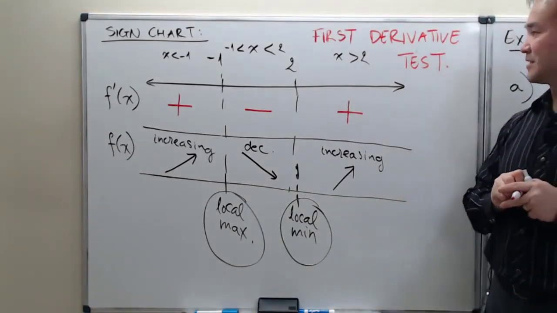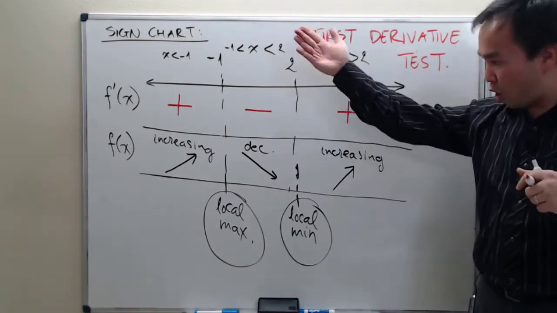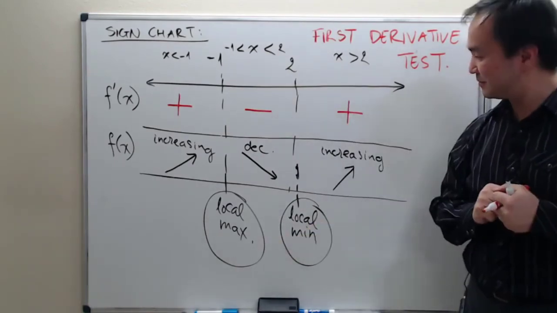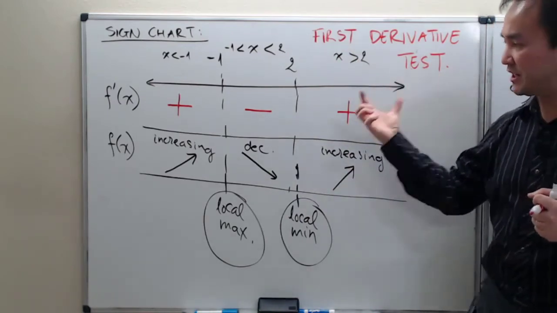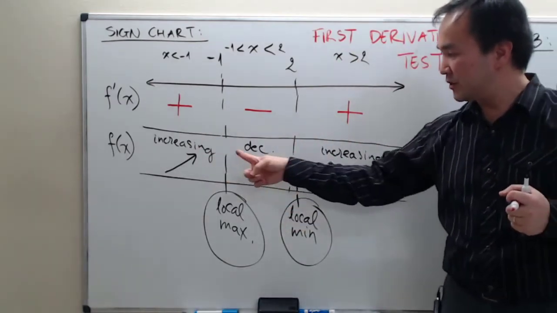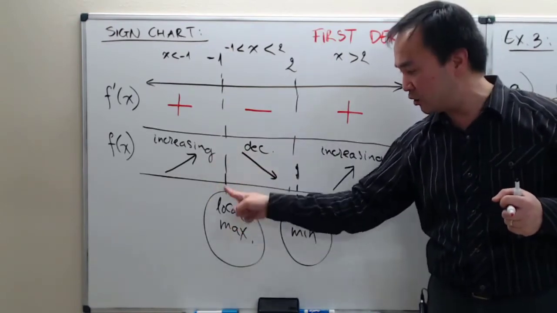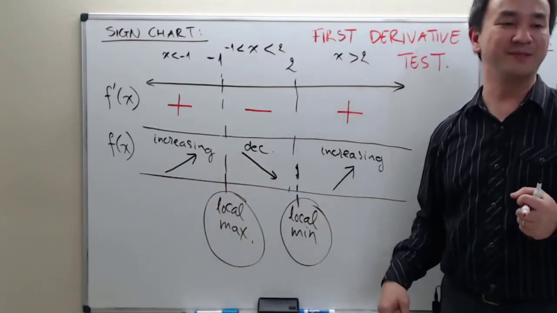That whole process of using the sign chart is regarded as the first derivative test. We test for increasing and decreasing intervals so that we can decide where our local maximum is and where our local minimum is.